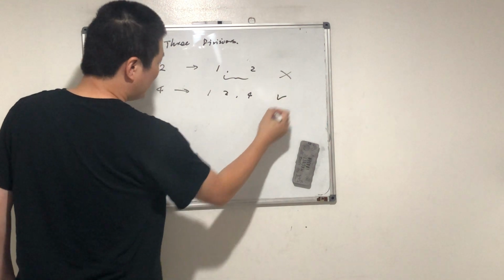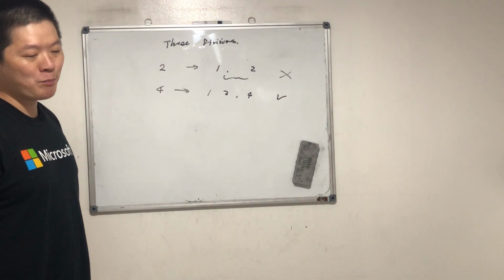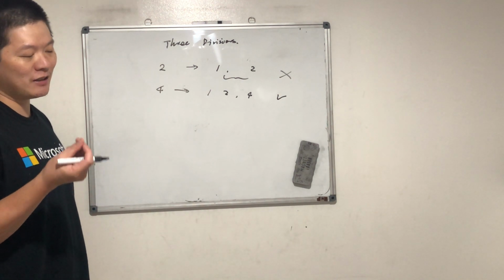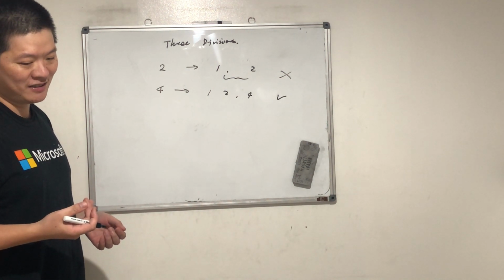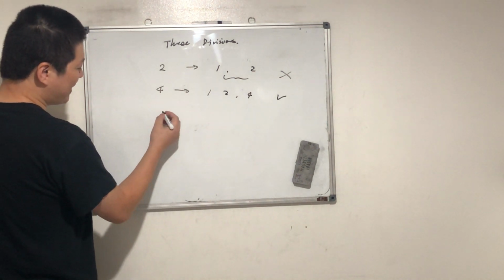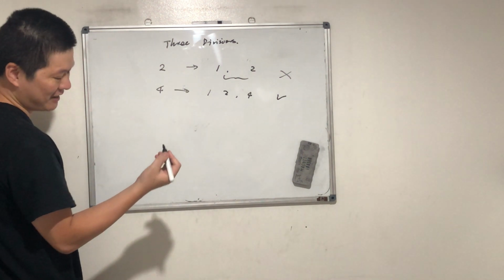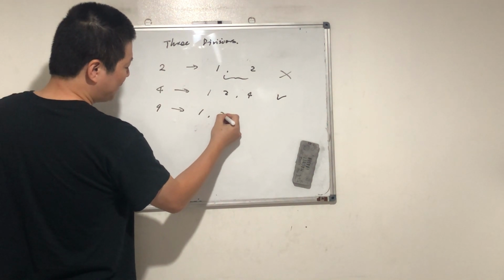So if I give you a number bigger than 2, how many divisors can you be sure it has? 1 and itself. Well done. Let's say it's 9. How many divisors? 1, 3, 9.